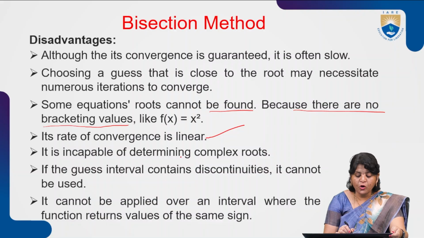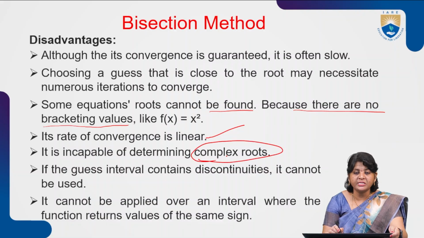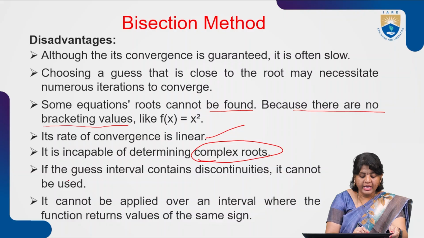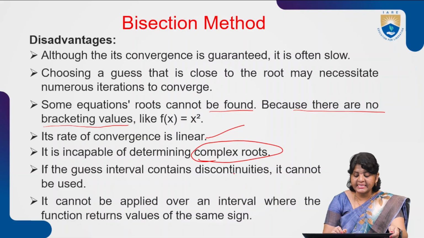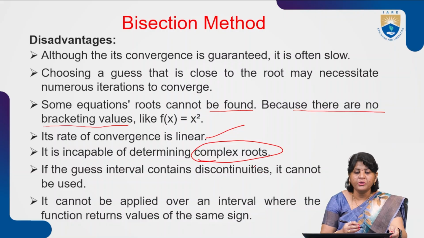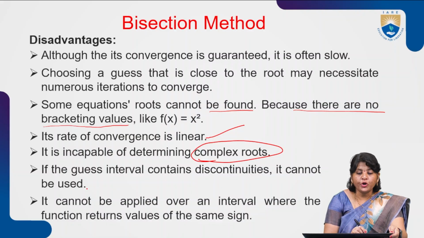It is incapable of determining complex roots. This is very important, that the bisection method is not applicable for complex roots. It is not able to find the complex roots. If the guess interval contains discontinuities, the initial guess, or in between the iterations, if the root is discontinued, then we cannot use that.